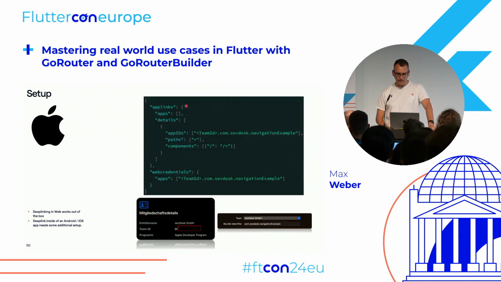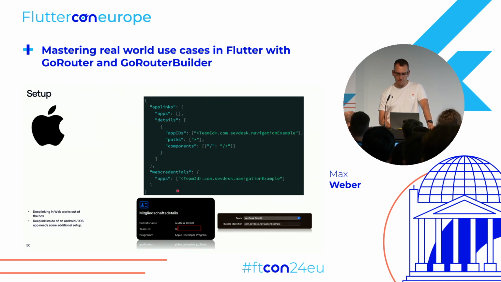I told you already that there is a file that you have to host at the end. In this case, it's the apple-app-site-association file. And you can see there you just define the app links that you want to enable. In this case, it's the details view. You pass in the app IDs, which contain the team ID and the bundle identifier of your application, and which paths you want to allow to be navigated to.